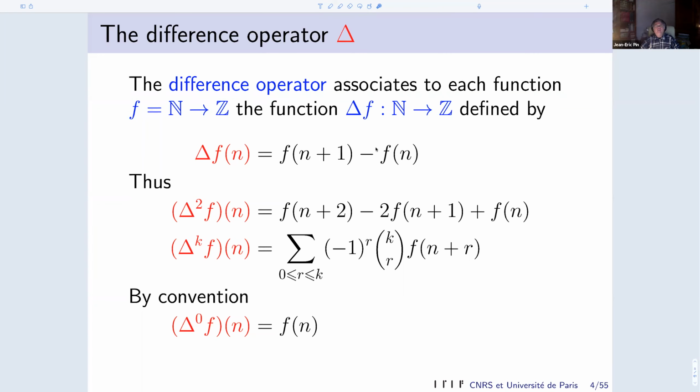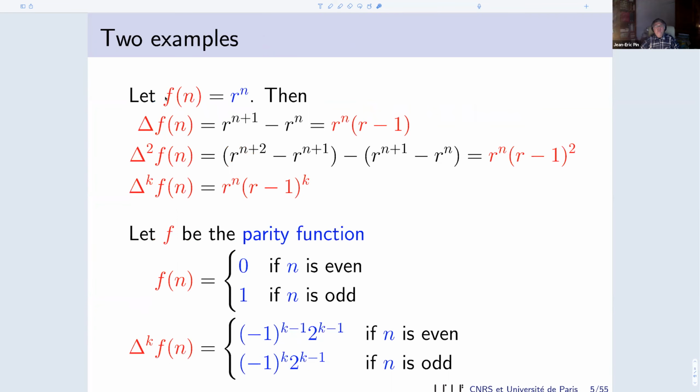So let me give you some examples. If you start with the function r to the n, then the difference operator gives you r to the n times (r minus 1). If you iterate twice, you get r to the n times (r minus 1) squared, and k times, r to the n times (r minus 1) to the k.